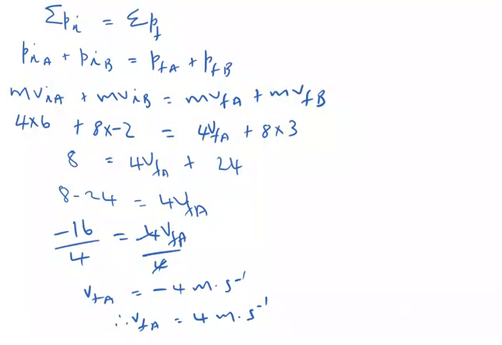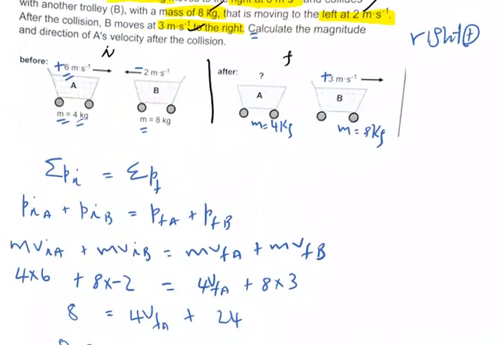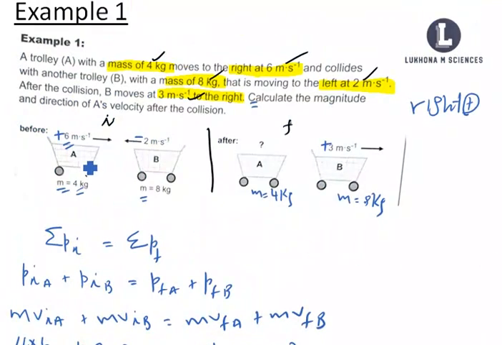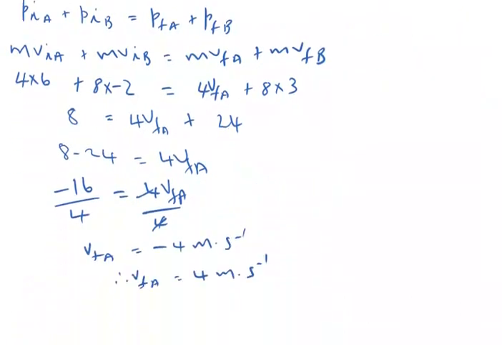Now the direction: A was moving to the right. Then we take right as positive, which means it is moving to the left now. It's moving to the left. So to the left.